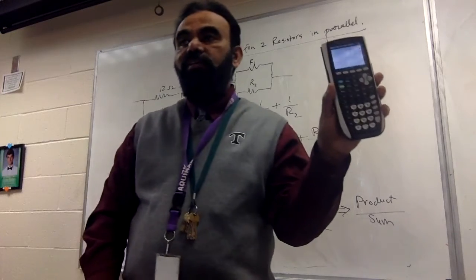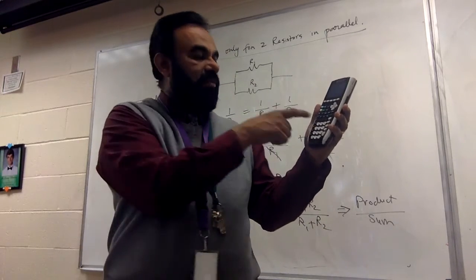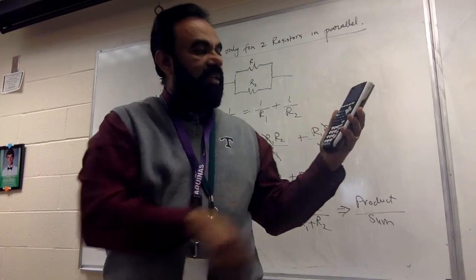So I'm getting an answer here, and I know that that is 1 over R equivalent. Press the x to the power of minus 1 button and enter, and that is your final answer.